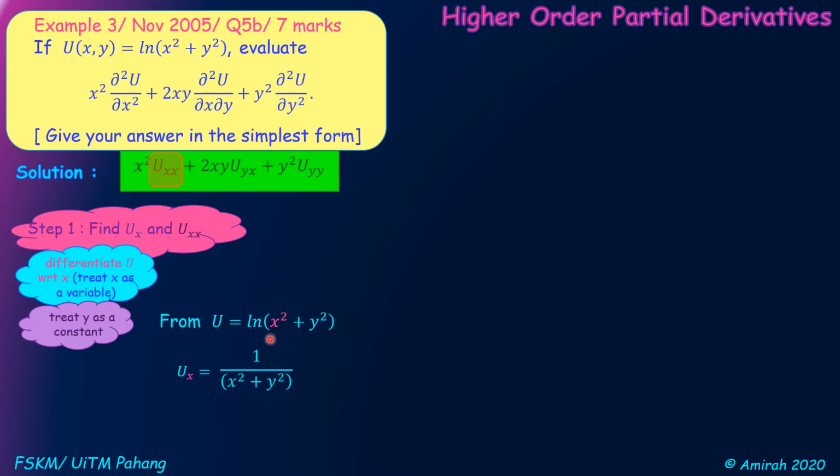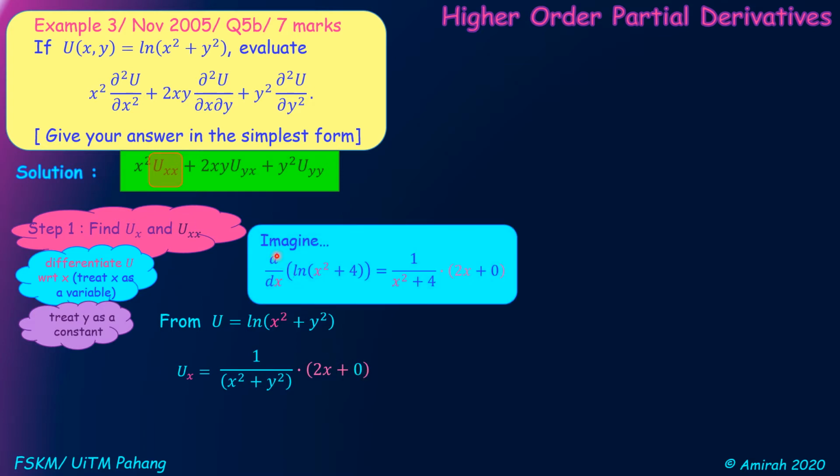When we differentiate ln, the answer is 1 over the function inside ln, which is x squared plus y squared. After that, we differentiate the function inside ln, so multiply by the derivative of the function inside ln. x we treat as a variable, so when we differentiate x squared, we get 2x. And then plus y, we treat as a constant.